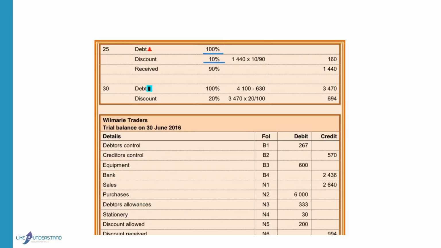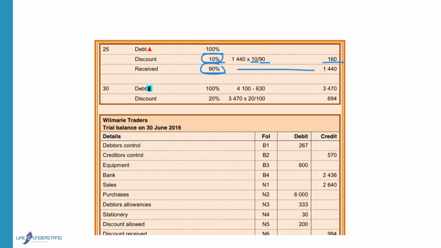We allowed 10% discount, so we actually received 90% of the debt. They gave us the amount received, so this 90% equals 1,440. If we want to calculate the discount, the percentage that we want, 10, divided by the percentage that we know, 90, times the amount will give us 160 Rand.